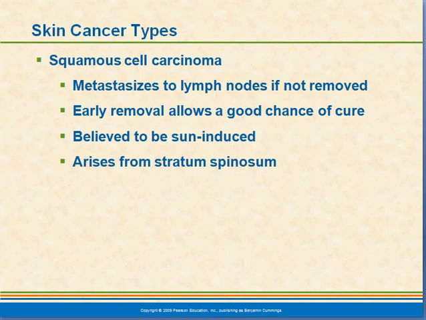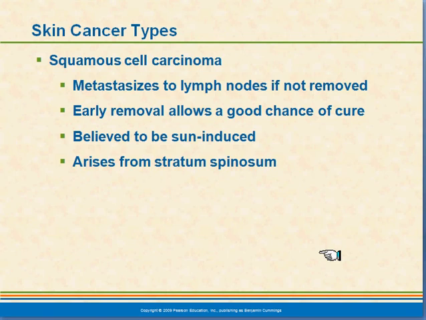Well, it is believed to be sun-induced, just as the previous, and it arises from a different level of the epidermis. Either way, we have this sun-induced type of lesion. I don't care that you know that that came from the stratum spinosum. But do understand that this is sun-induced. Now, squamous cell carcinoma can also appear in areas that are not exposed to sunlight.